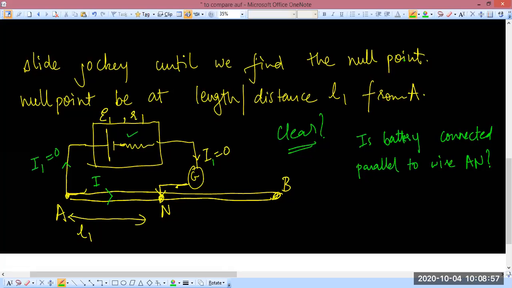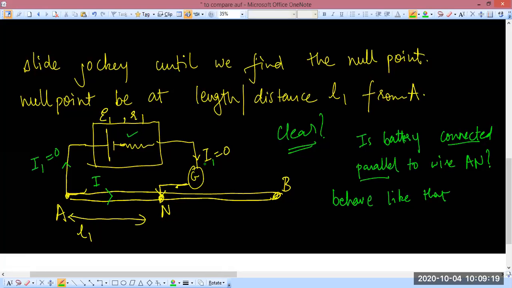Some people understood, some did not, no problem. Frankly speaking, it is not connected in parallel, but it will still behave like that. Why?